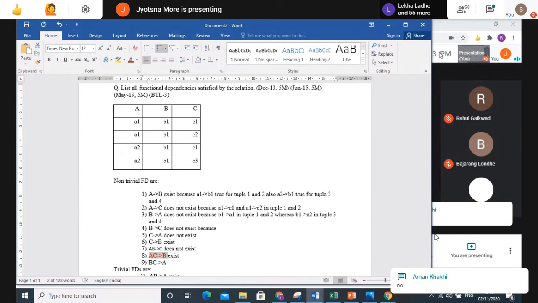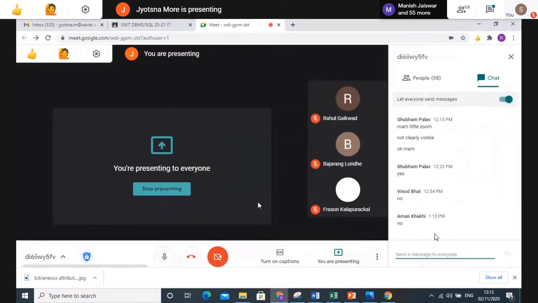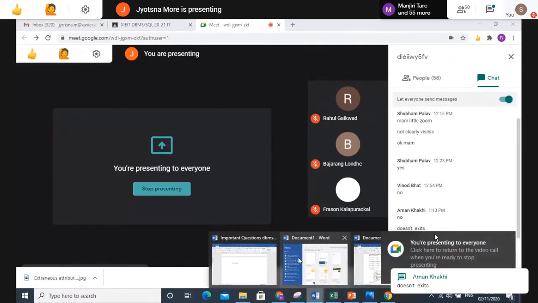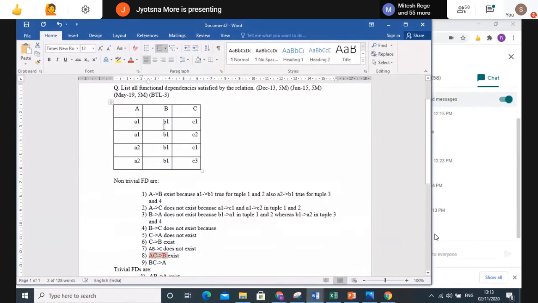Any doubt? No. Aman, your answer is correct. So BC determine A. We are taking B1 C1 determining A1. Okay. So B1 C1 again we have this left side pair determining A2. So it does not exist because of tuple 1 and 3.